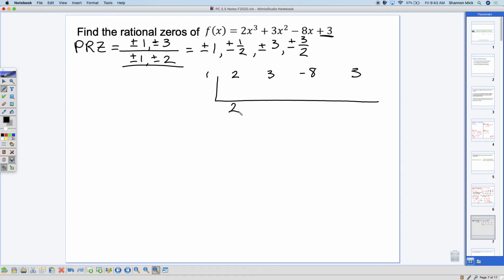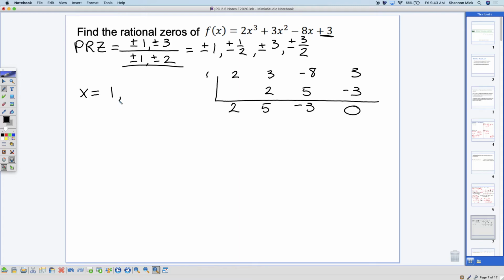Okay, so you should have gotten 2, 2, 5, 5, -3, -3, so I get 0. So we have a zero at 1. We started cubed, we're now down to squared. We can factor it now, yes?